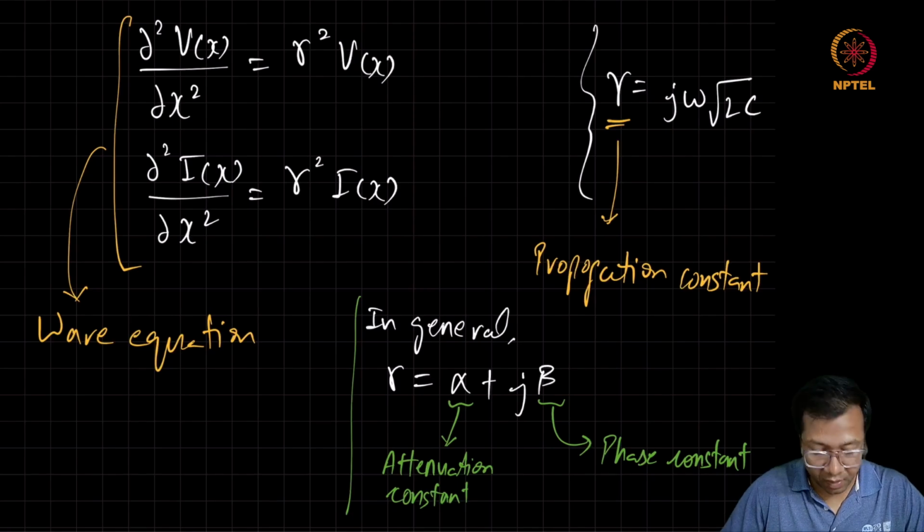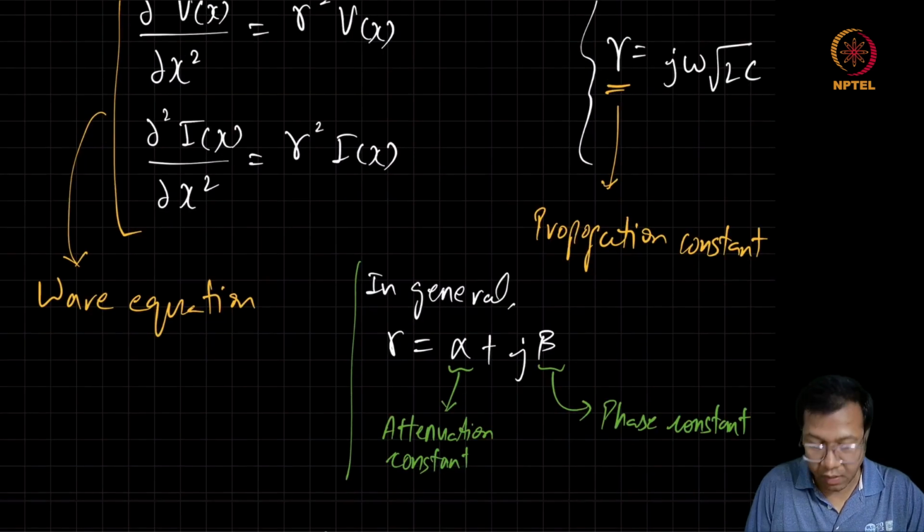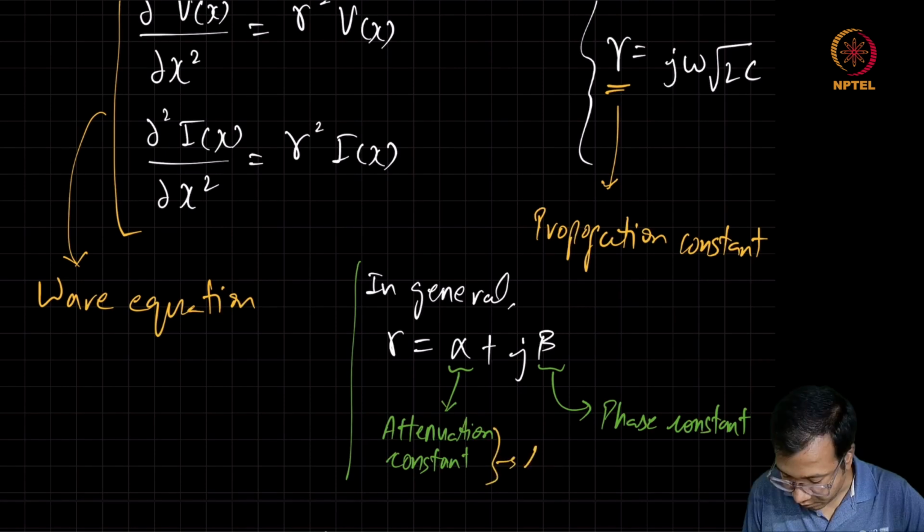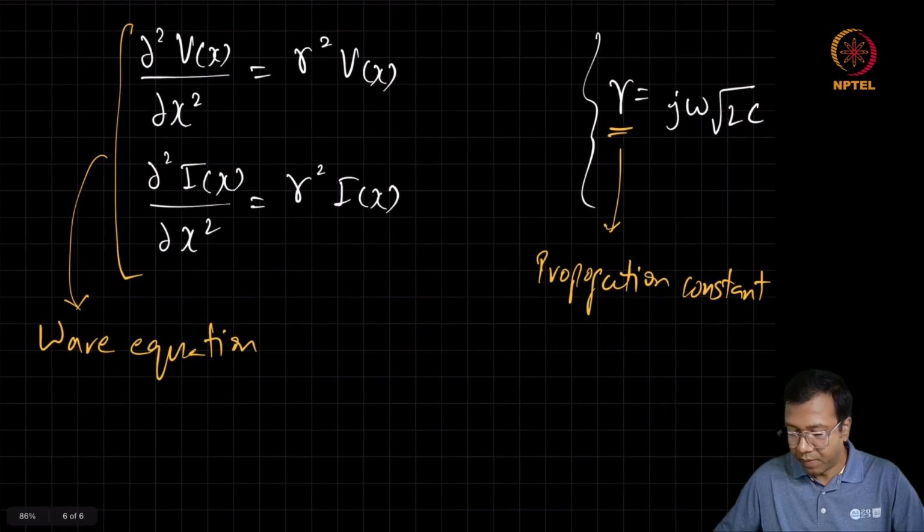So for a purely lossless line, the attenuation constant is 0. Alpha is equal to 0 for a lossless line.